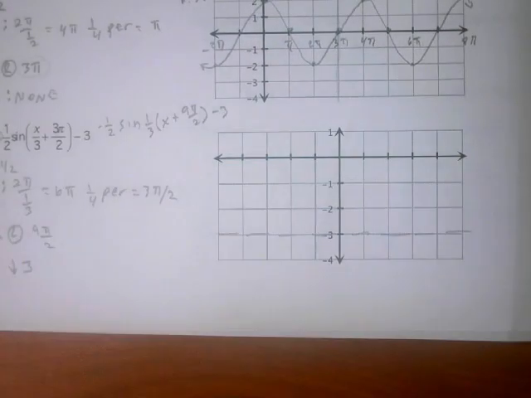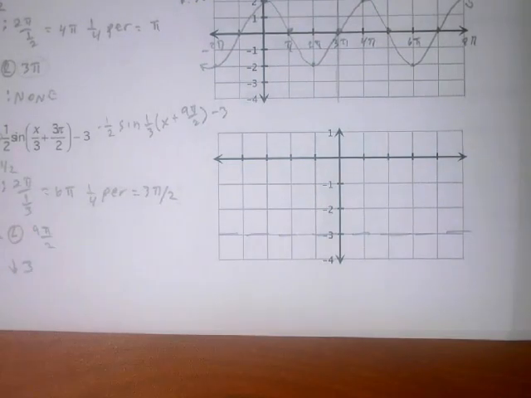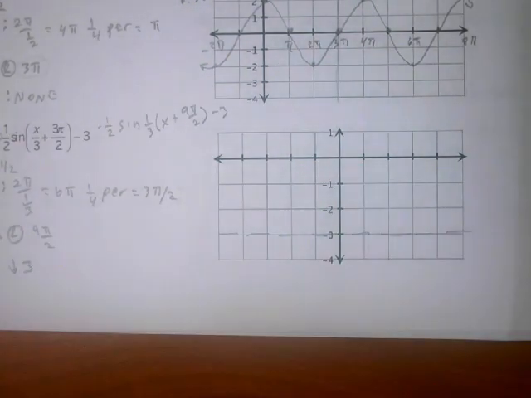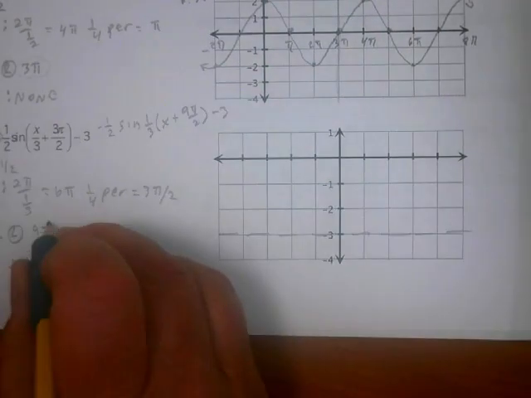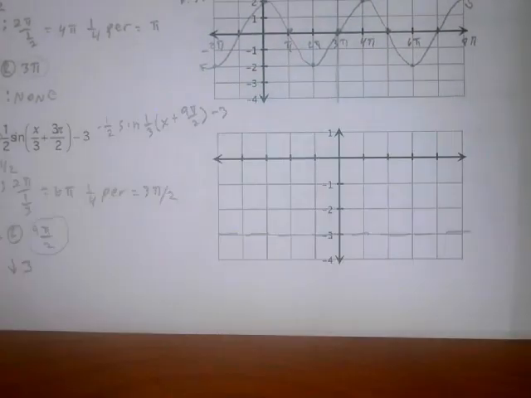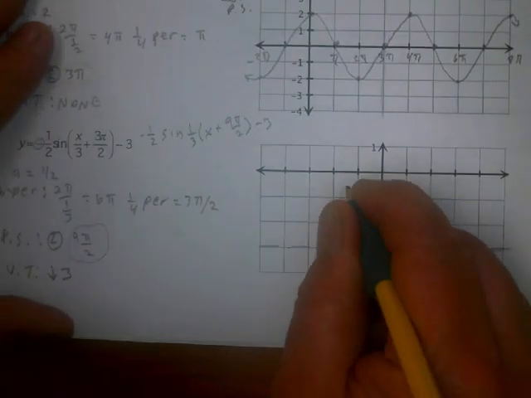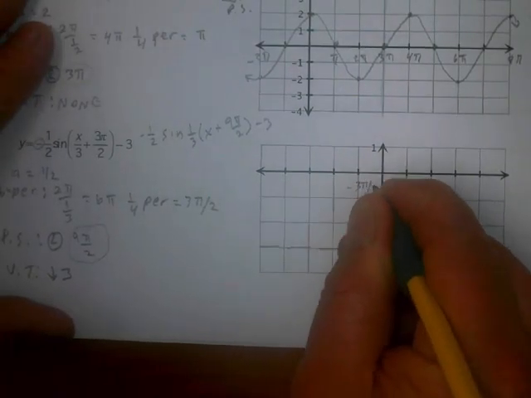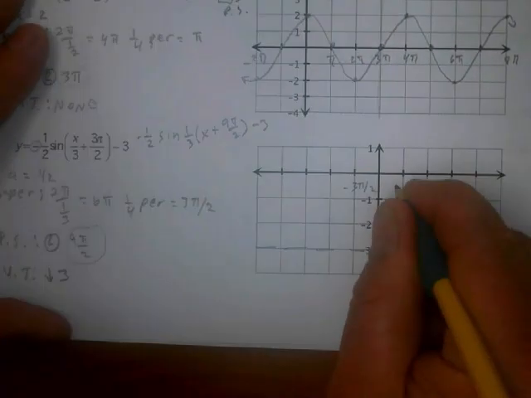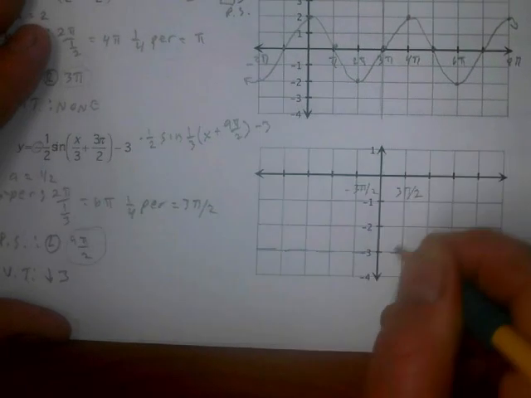So let's do the easy thing first, and that's put in the vertical translation. Now, let's go back to this guy right here. Your phase shift is 9 pi over 2.